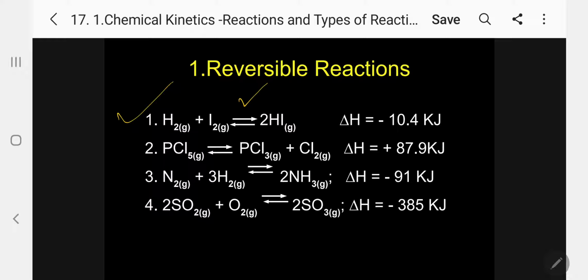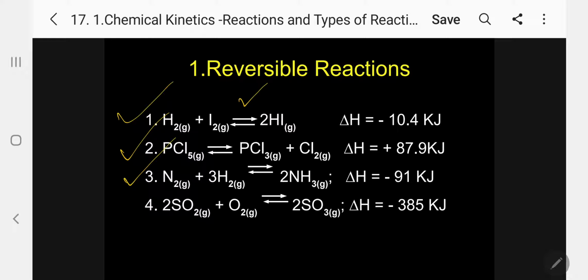One is H2 gas plus I2 gas, reversible arrow 2HI, delta H minus 10.4 kilojoule. Number 2, decomposition of PCl5, double-sided arrow, PCl3 plus Cl2. On decomposition, phosphorus pentachloride decomposes to give phosphorus trichloride plus chlorine. They are in equilibrium. Delta H equal to plus 87.9 kilojoule.